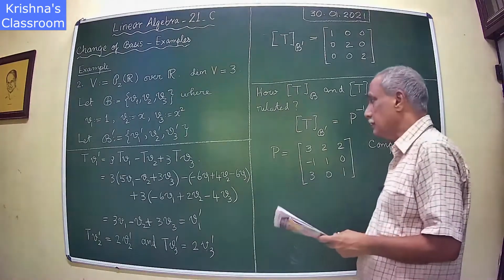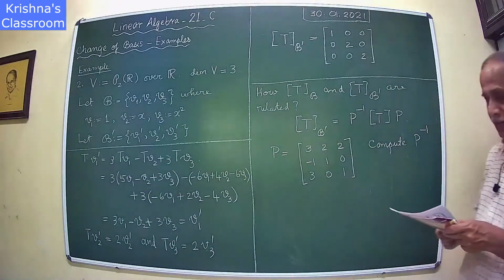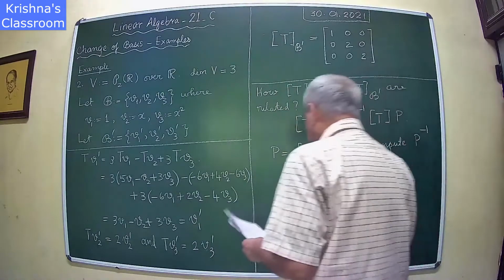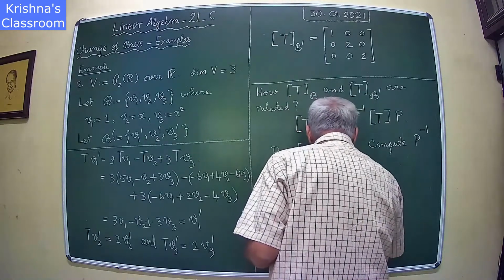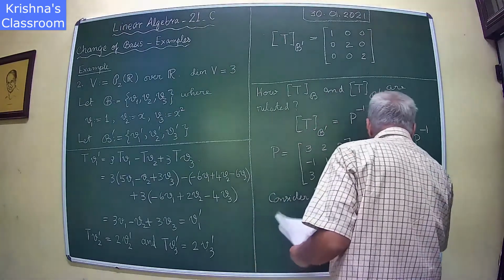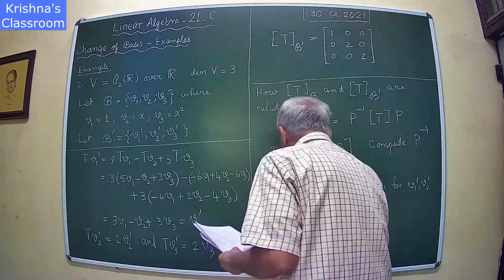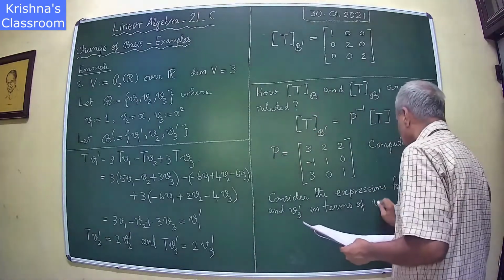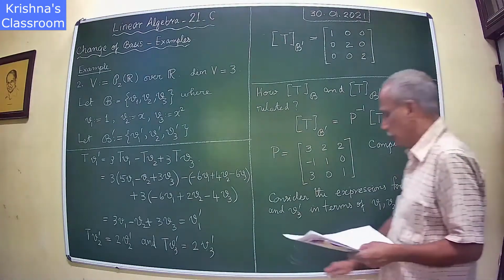So what we do is, we have these expressions of v1 prime, v2 prime and v3 prime in terms of v1, v2, v3. They are given in the form of linear equations.